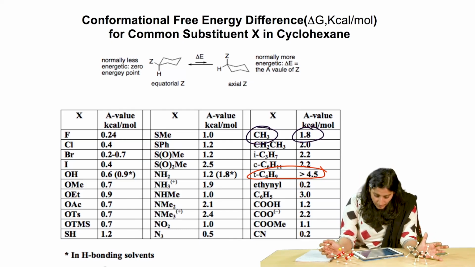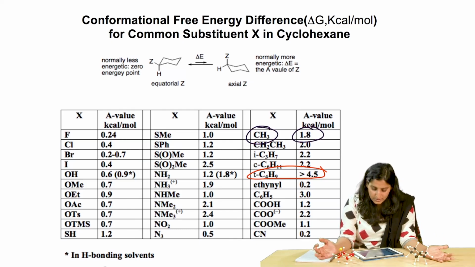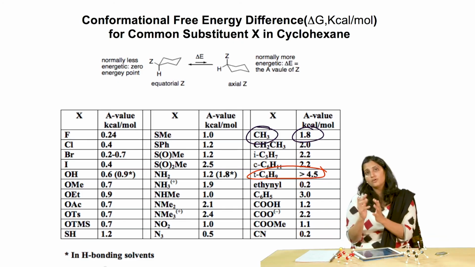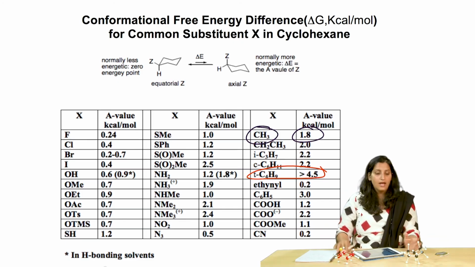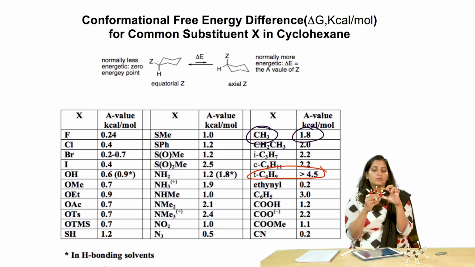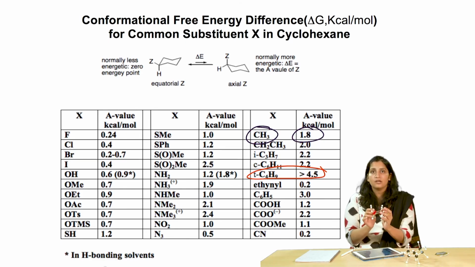On the other hand, you have other bulky substituents like the isopropyl group, and then some other substituents like a carboxyl group. All of these are going to occupy a lot of space, and depending on how much space a particular group occupies, they are going to decide whether it is okay to put it axially or whether it always has to be in the equatorial fashion. So, for really bulky groups, they always prefer to be in the equatorial fashion.